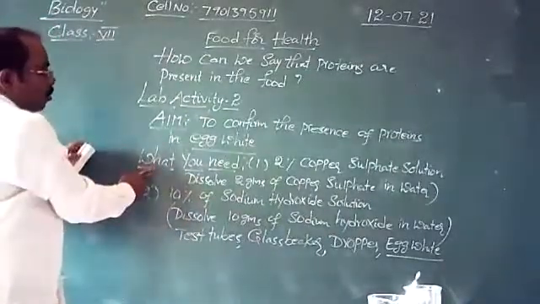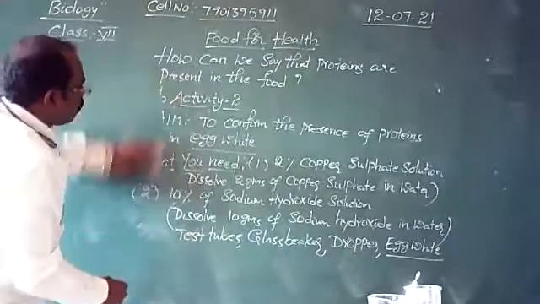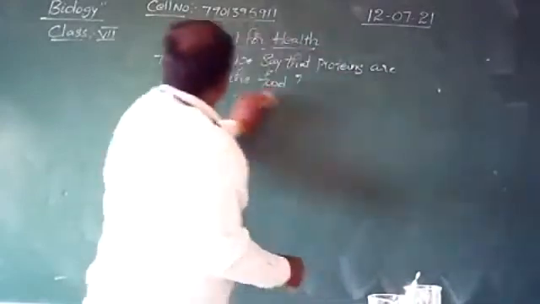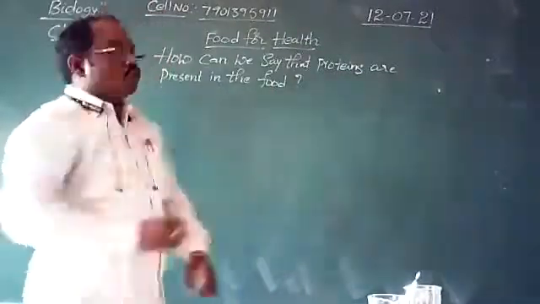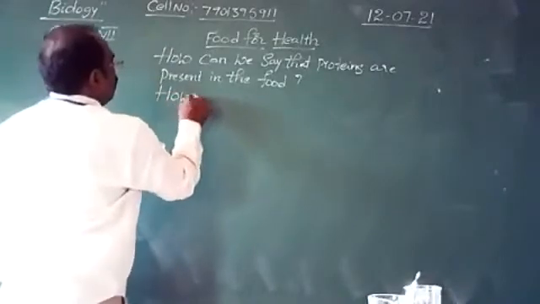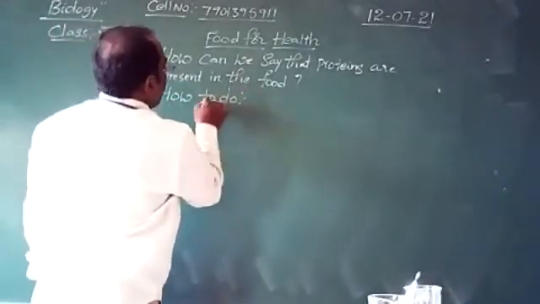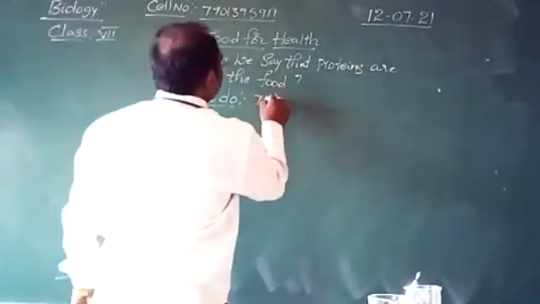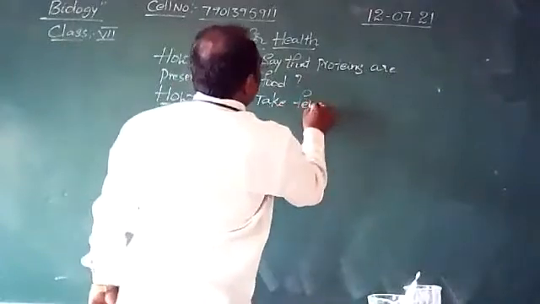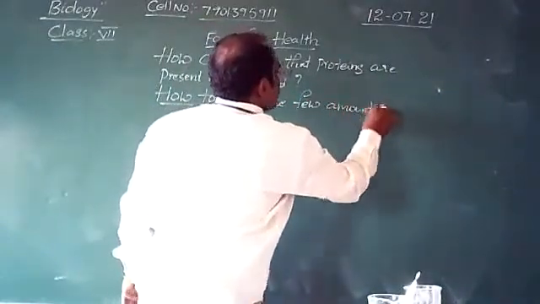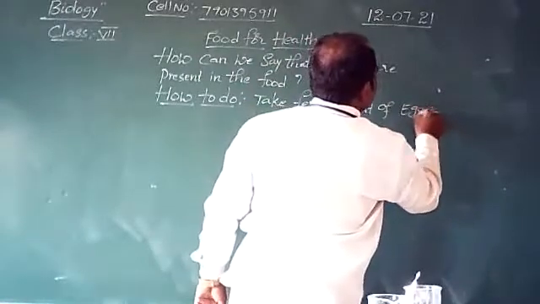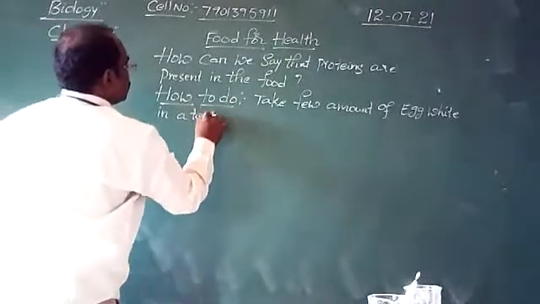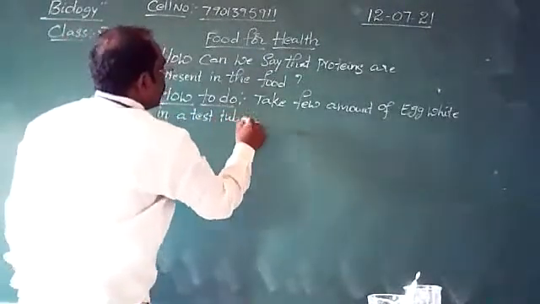Already we covered the aim and apparatus, what you need. Next, how to do it? Take a small amount of egg white in a test tube.